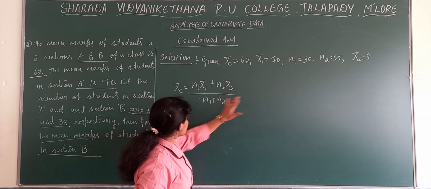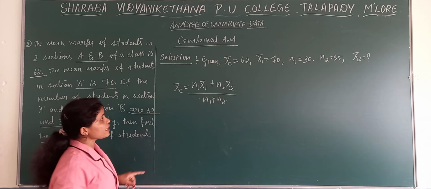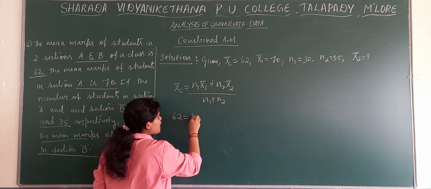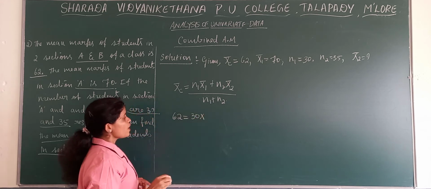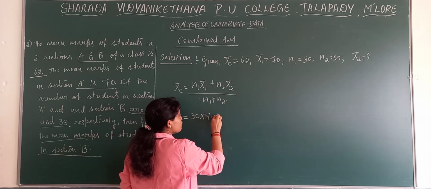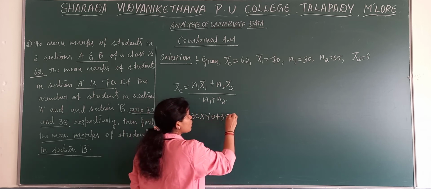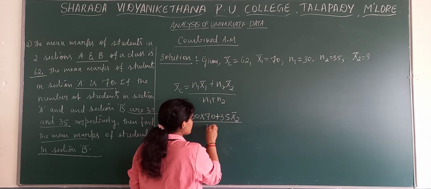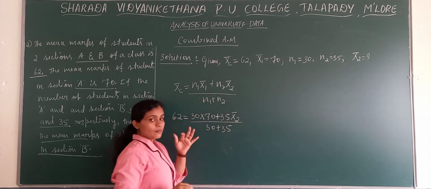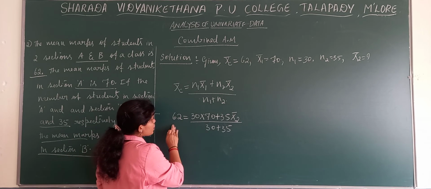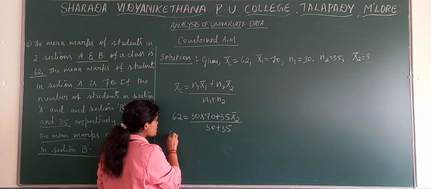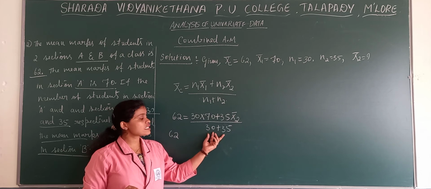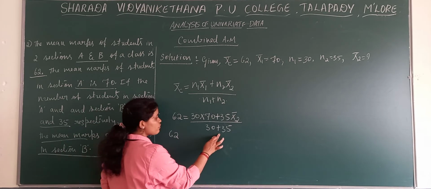We know x bar C, the combined arithmetic mean, is 62, and we know the value of N1 as 30 into x bar 1 as 70 plus N2 as 35 into x bar 2, which is missing, divided by 30 plus 35, N1 plus N2. Now here we have 62. When we add 30 plus 35, we get 65.